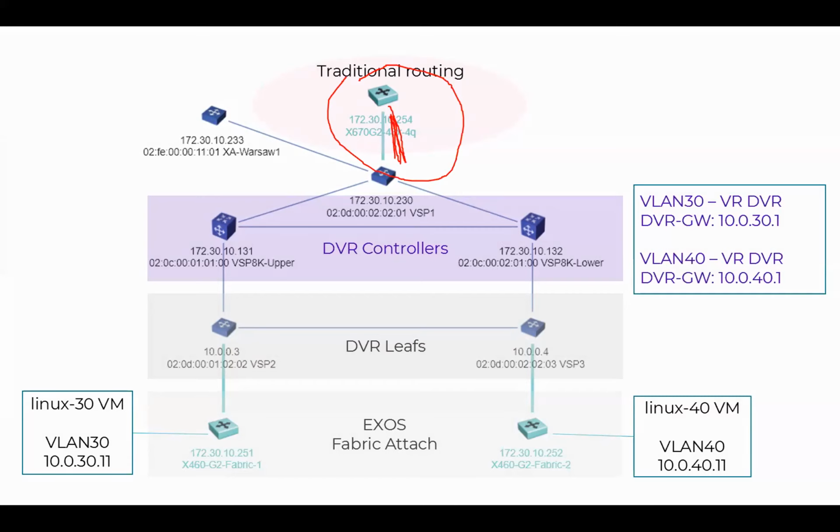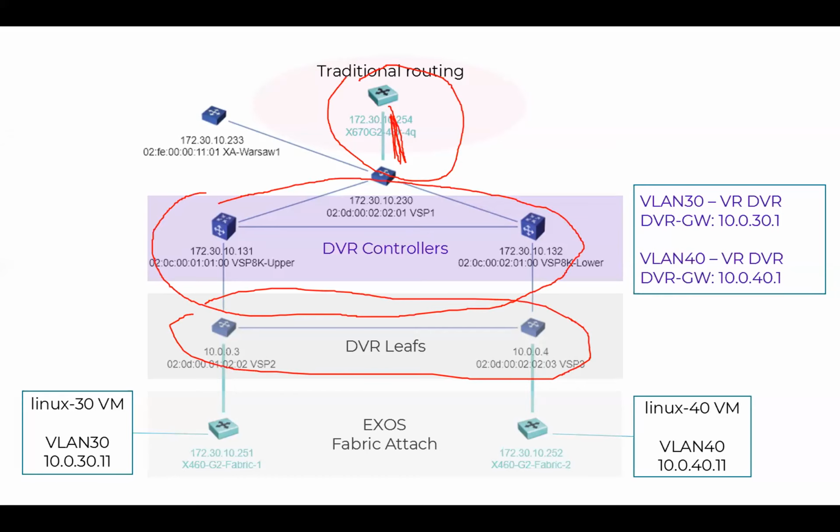I saw a question about this: is fabric attach supported on this particular EXOS switch? Yes, this is supported, of course, and this switch is configured with fabric attach. We have two DVR controllers here, and we have two leaves.